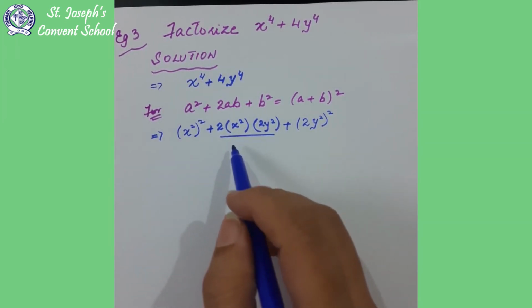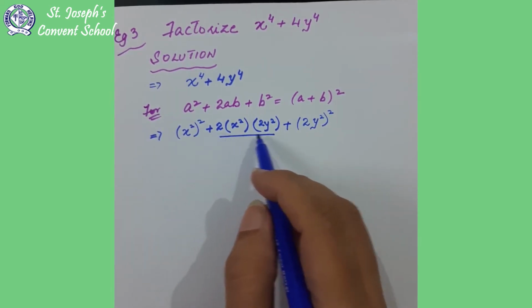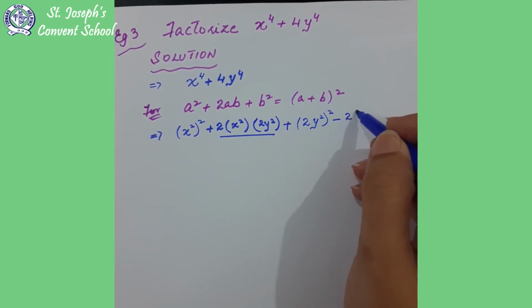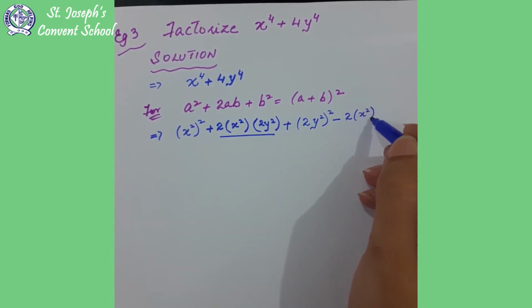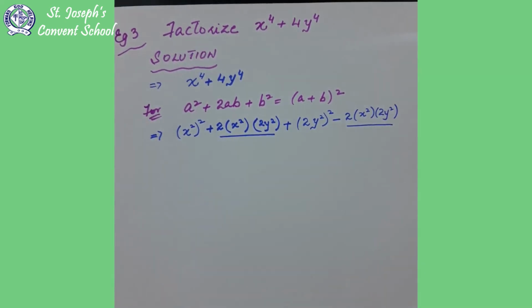So we will write the same term with minus sign. Minus 2 into x square into 2y square. Okay, so this we are subtracting. Whatever you add, same you have to subtract.